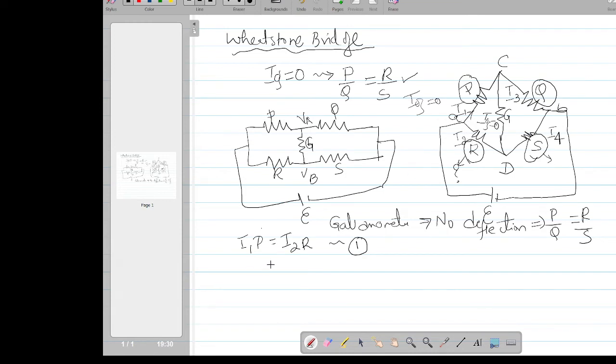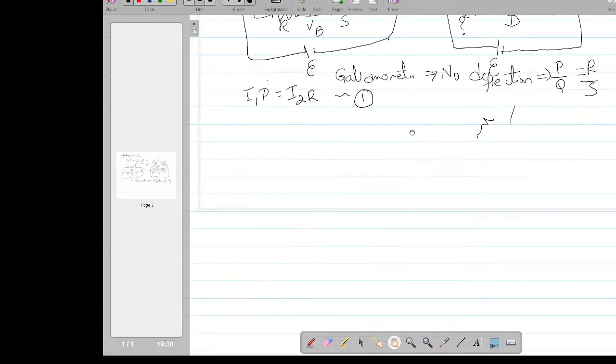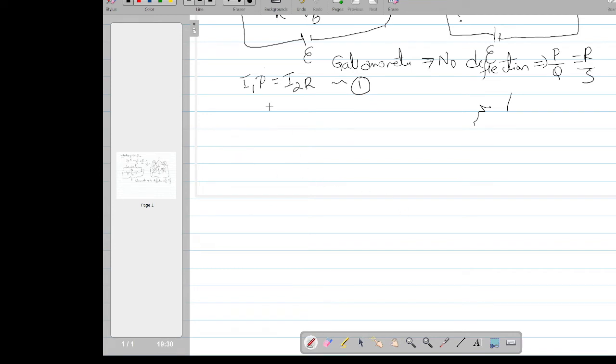So by seeing this circuit, when this Ig becomes 0, the current flowing at point P is I1, so this current I1 is flowing in the resistance Q, and that becomes I3, and between this point the current is not flowing because we have made Ig equal to 0, because the circuit is balanced.